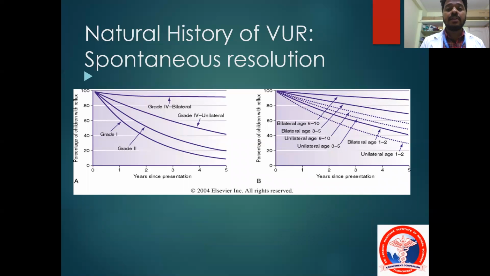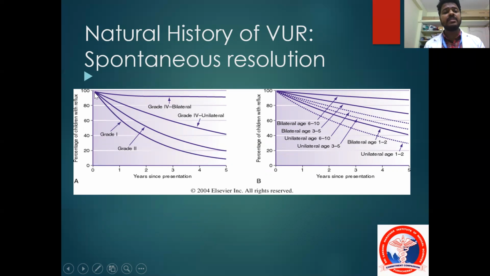So here you can very nicely see the natural history of VUR. The x-axis is years since presentation, the y-axis is the percentage of children presenting with reflux. Grade 1 VUR at 0 years, at the time of presentation, is 100%. As time progresses, grade 1 VUR resolves.